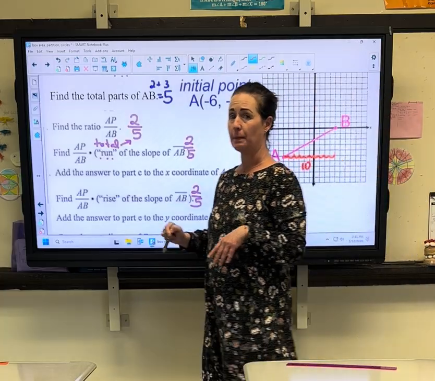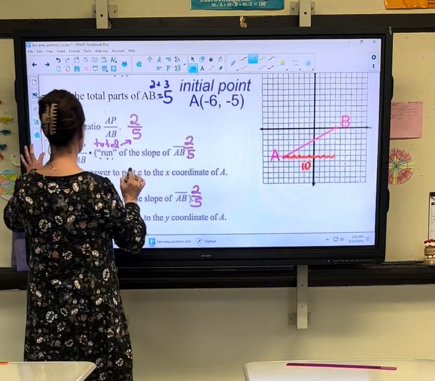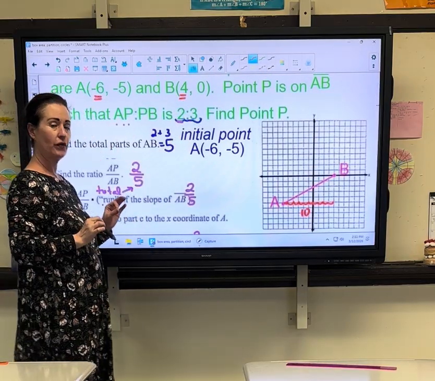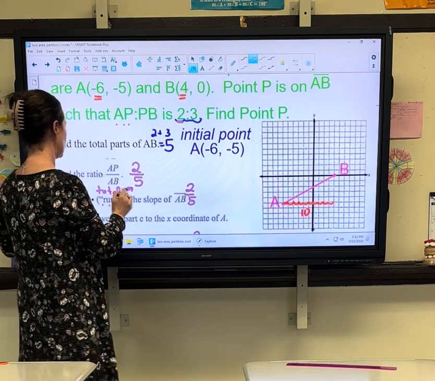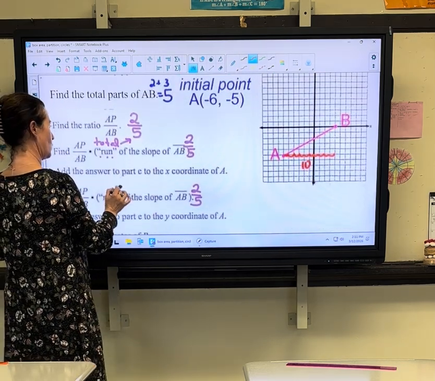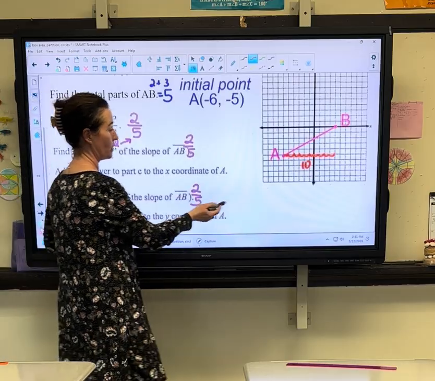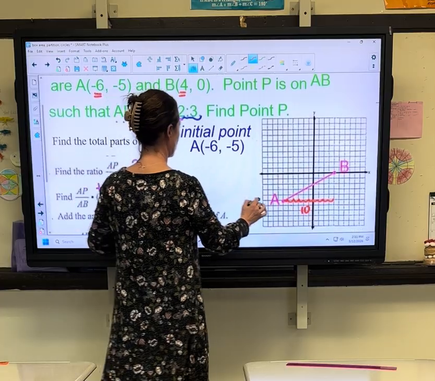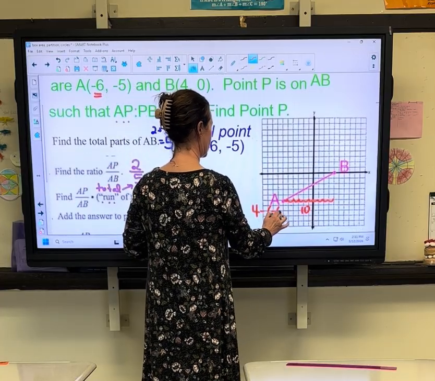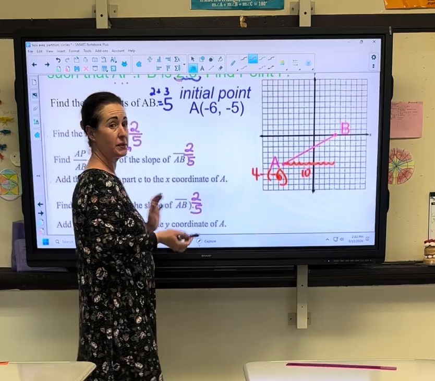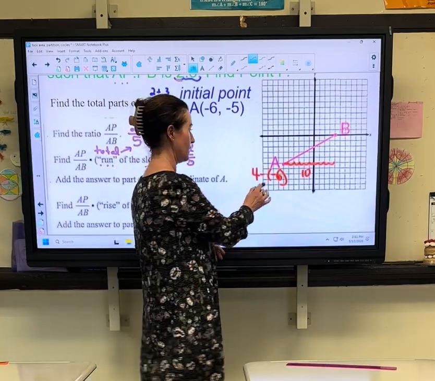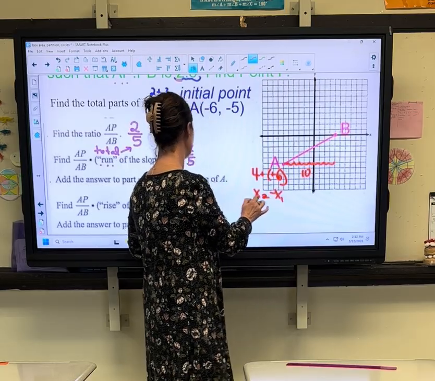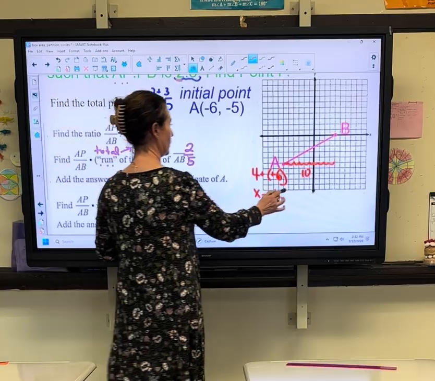Mathematically, if I look at my x values in my coordinates, which are from -6 to 4, I would do x2 minus x1 to find the 10. That's 4 minus -6, which is 4 plus 6, still 10. That's how you can get that run value.